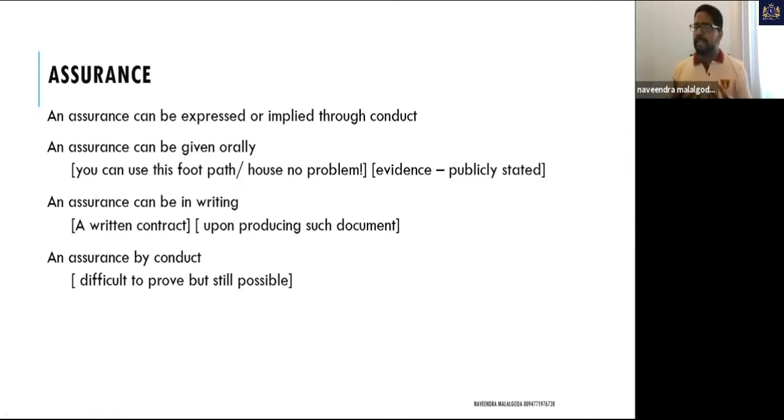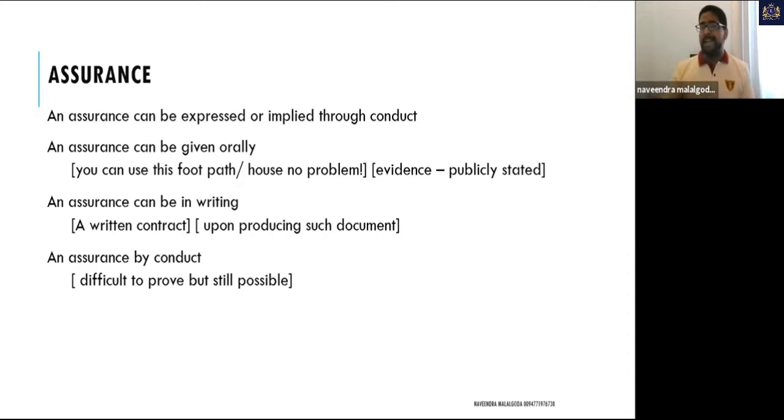Right. So these elements are the most vital in establishing an estoppel. So an assurance is quite simply a representation made by the landowner himself. It can be expressly given, it can be implied by conduct. When it comes expressly, it can be through an oral representation. A representation can even be through writing. An oral representation or a representation in writing is very easy to establish in a court of law because it has clear-cut evidence.